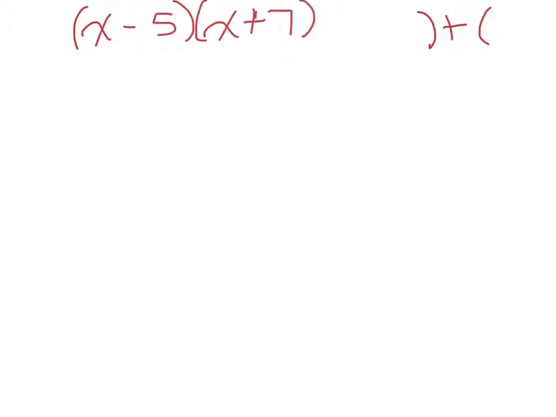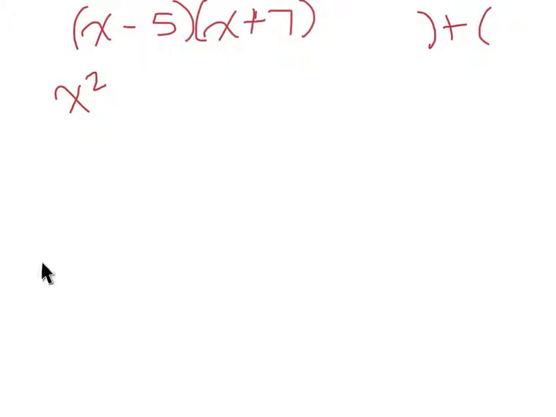Okay, so when we FOIL, we're going to multiply the firsts first. So we're going to look at our two first terms. This is the first term in this binomial, and this is the first term in this binomial. So x times x gives us x squared. Then our outsides is next.